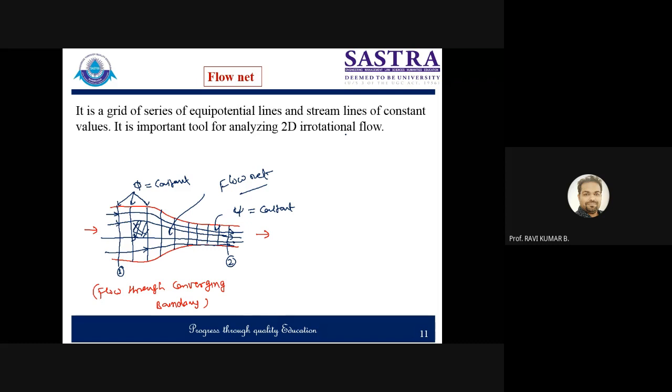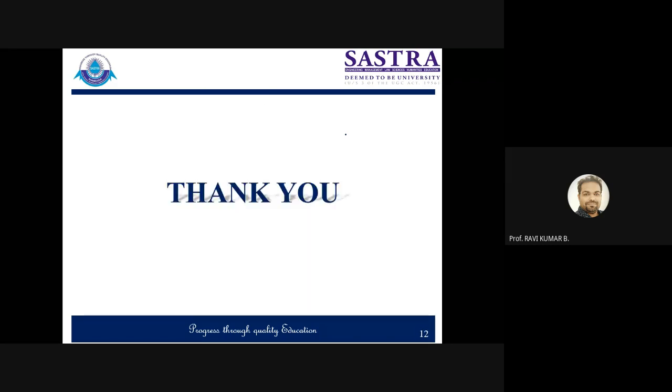So any kind of flow geometry in any kind of flow domain can be simulated and visualized with the help of these two lines, equipotential lines and lines of constant stream function, and the combination of these forms the flow net, which is a very important tool for analyzing the flow. You have to keep that in mind.